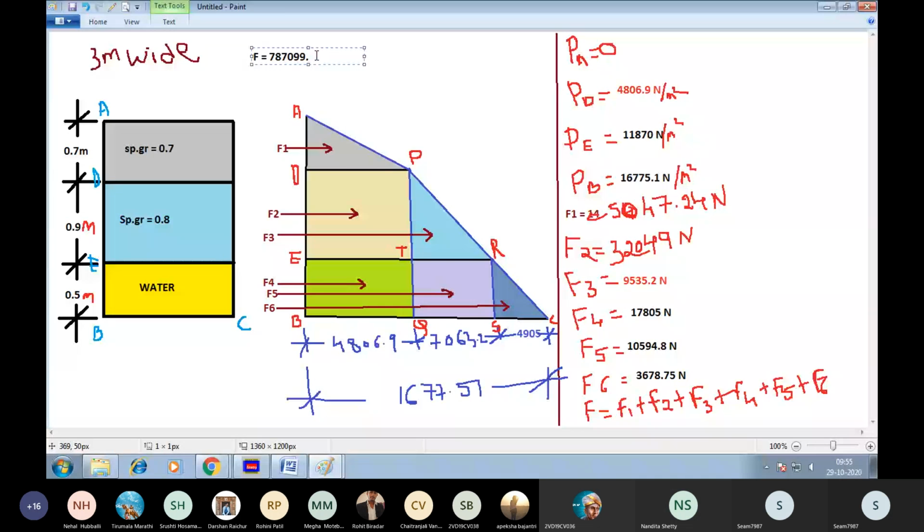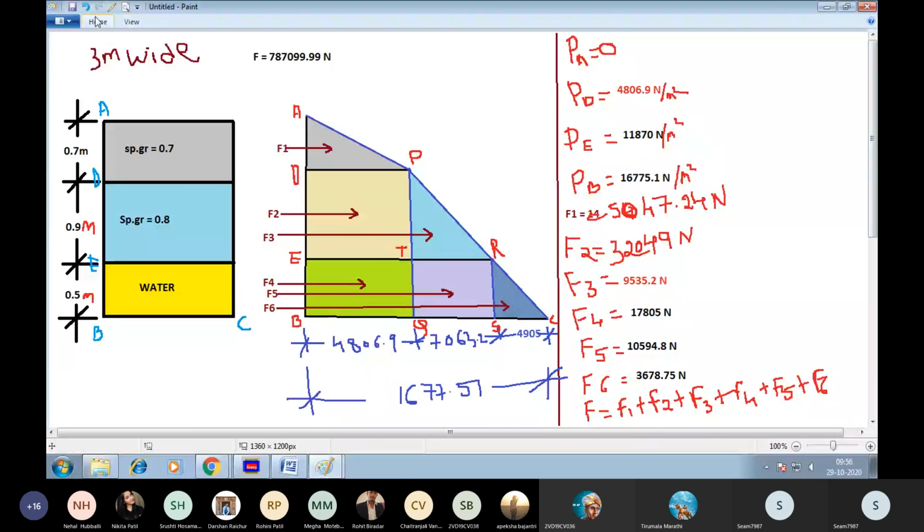Yes, ma'am. Okay. So this is the total pressure. Now calculate the value of H star, that is position of center of pressure. Calculate and tell me the value of H star.